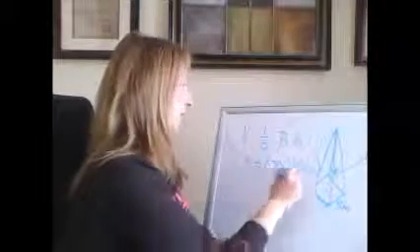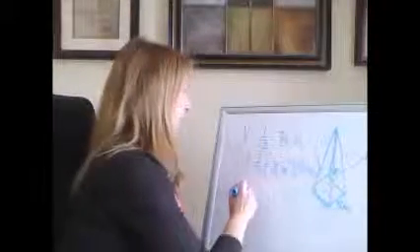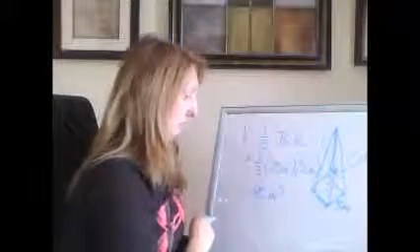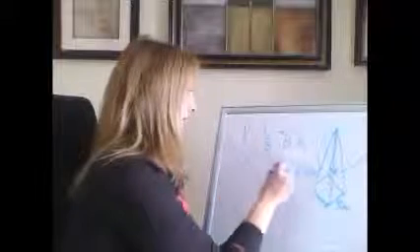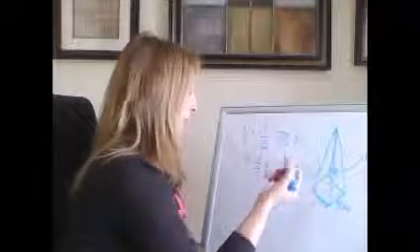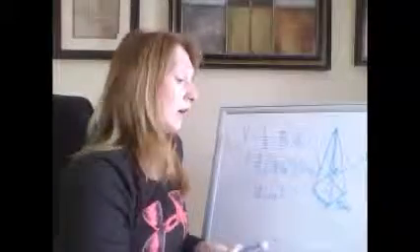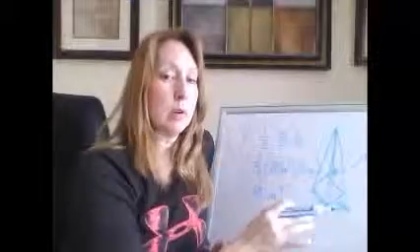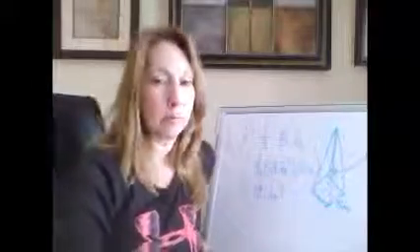See, 1/3 of 12 is 4 times 20 would be 80 cubic inches, I think. 1/3 of 12 is 4 times 20. Yes, 80 cubic inches. Okay, so that's going to be how you're going to go ahead and do the volume for all of your pyramids. Just remember that it's 1/3 the area of a prism of the same shape.